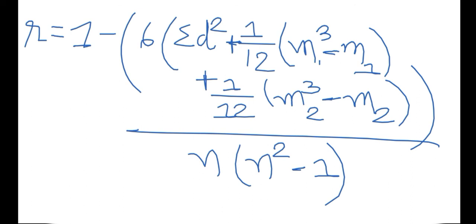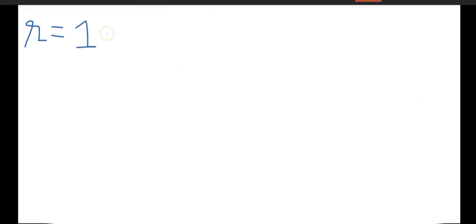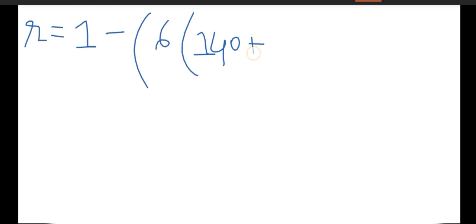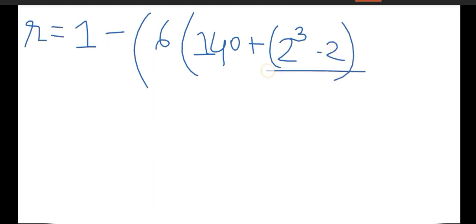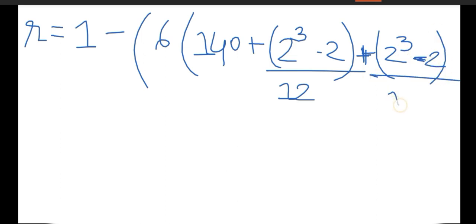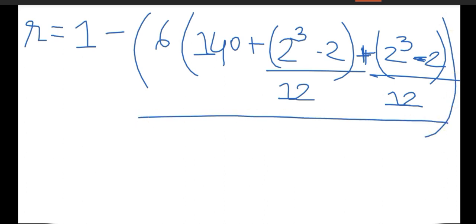Putting all these values, 1 minus 6 into sigma D square, which is 140, plus m1 cube, so our m1 is 2, so 2 cube minus 2 divided by 12, plus m2 is also 2, 2 cube minus 2 divided by 12, whole divided by n into n square minus 1.